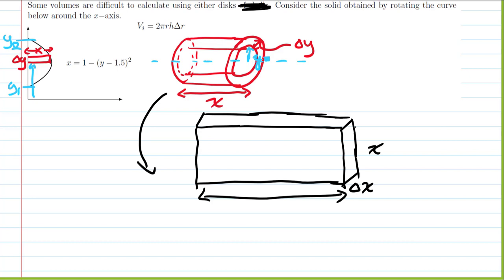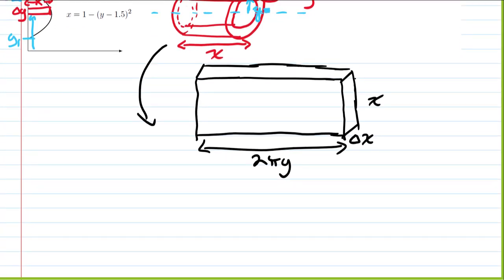And what's our formula for the circumference of a circle? 2 pi r, right? So if we look at our diagram here, it's going to be 2 pi r. But what's our radius? y. So this is going to be 2 pi times the y value. So then what would our little piece of volume of that cylindrical shell be? Well, it's length times width times height.